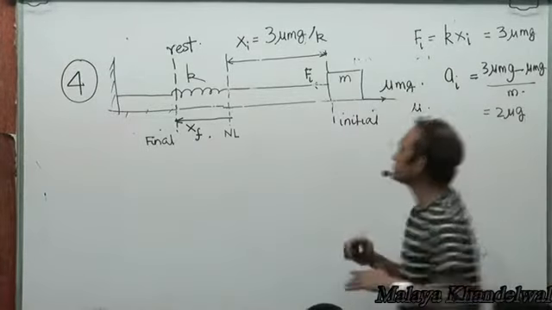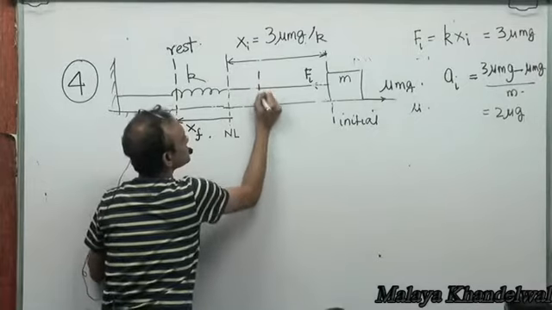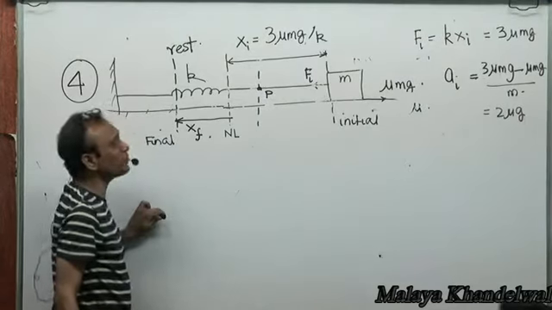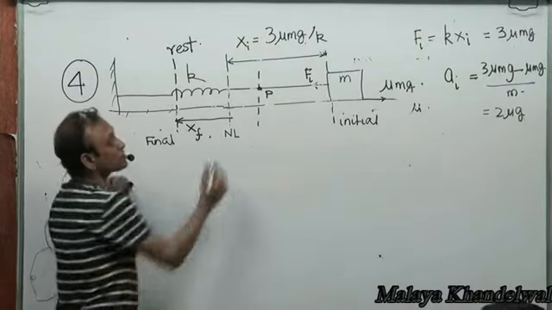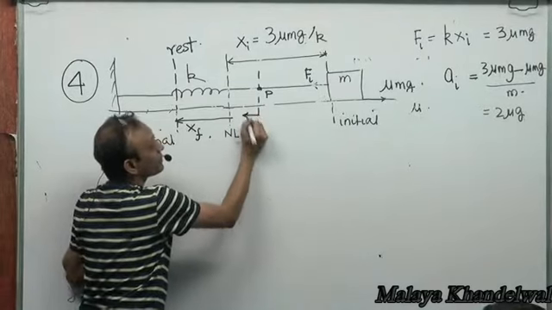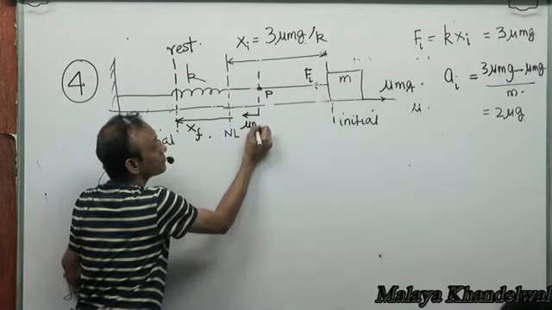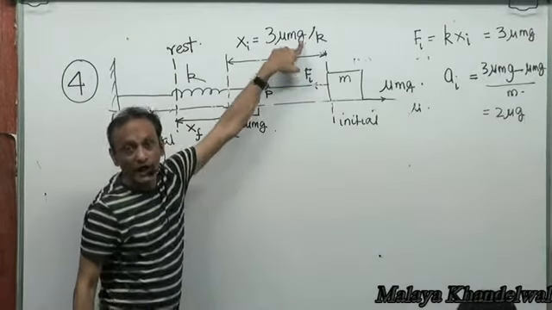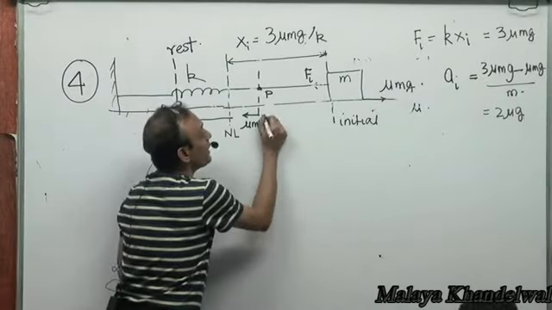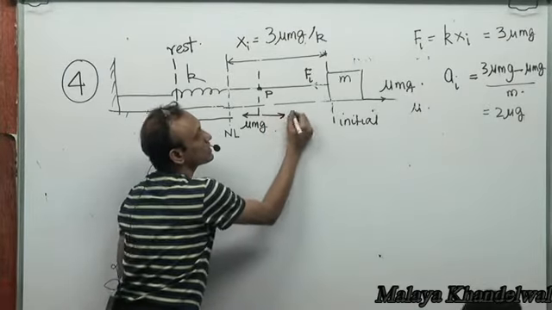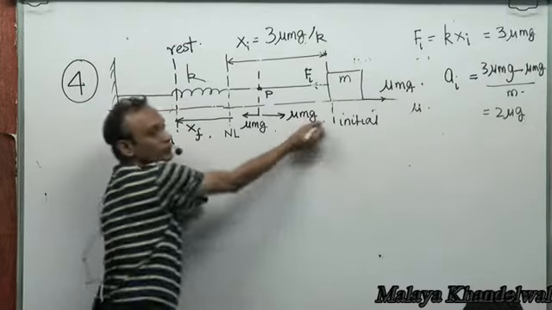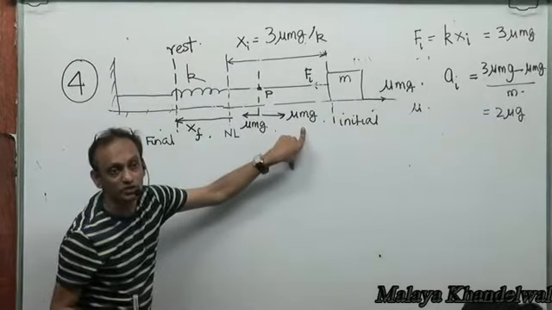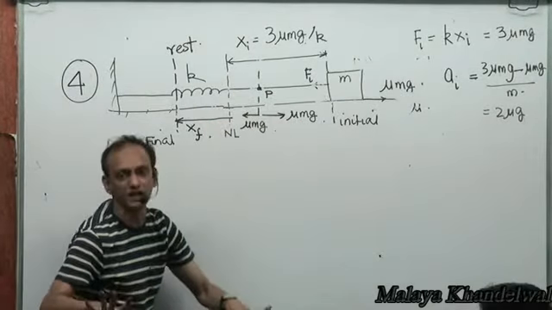At some instant, at some point of the spring, the spring force would have become mu mg. See, it started with 3 mu mg. At some point, it will become mu mg, whereby it's just about going to balance the frictional force mu mg. Until this point, the spring force was more than mu mg. The particle accelerated, though at a decreasing rate.